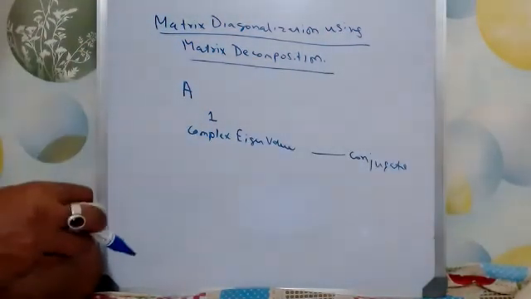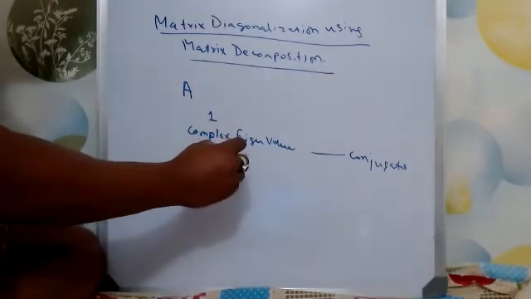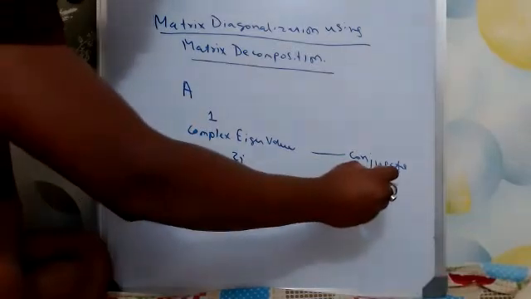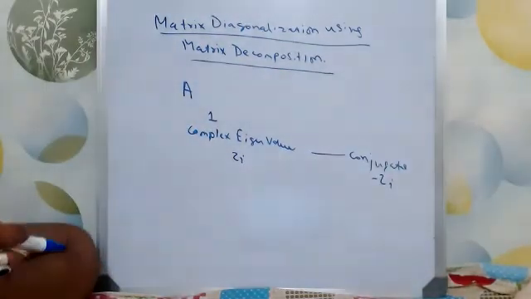Okay. For example, if A has an eigenvalue of 2i, then minus 2i is also an eigenvalue of A for sure.